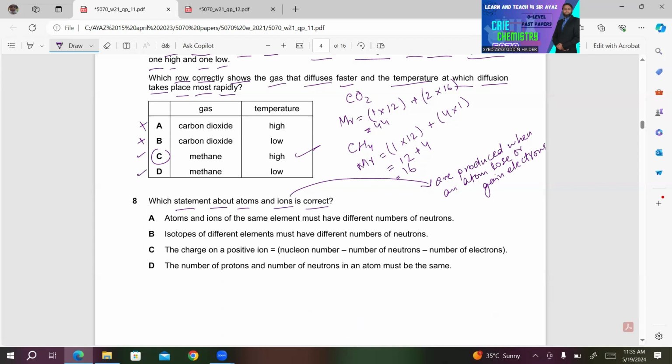Atoms and ions of the same element must have different numbers of neutrons. This is incorrect because atoms and ions of the same element can't have different numbers of neutrons. They must have the same number of neutrons. This must be the same.